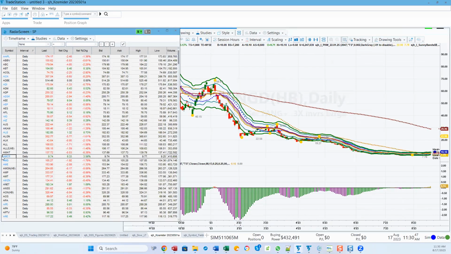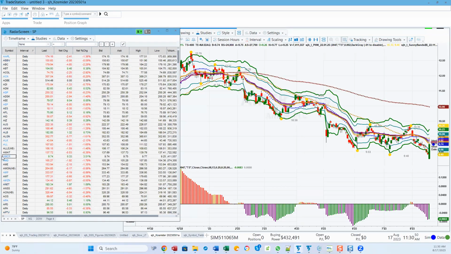Let's just look at a few more here. Amgen. We have a long signal right here. It has not been confirmed yet. We're at a flat DMA and we're looking for one more bar to tell us whether this nice up bar is confirmed or not. We've got green on the histogram below the 0 line.